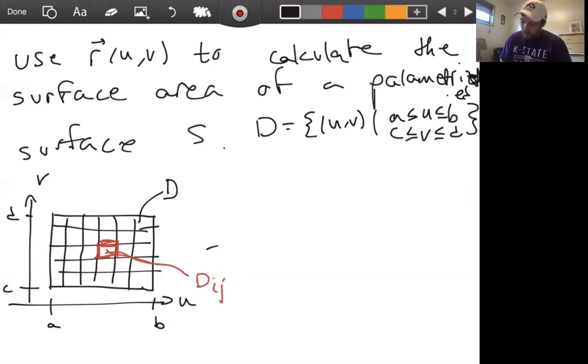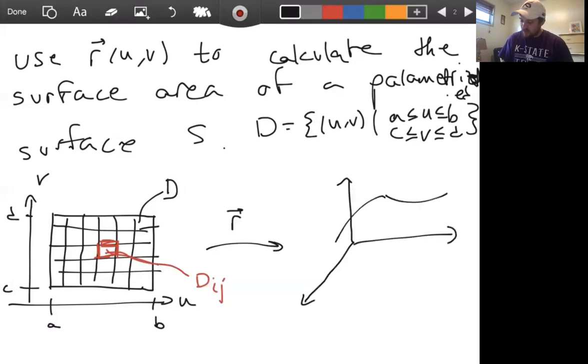Well, one way we're going to do it is under the function R, right? Under our vector valued function R, which represents the parameterization of this surface, it maps this domain D into a surface. Say, here's our surface S sitting in the XYZ coordinate system, or in 3D space.